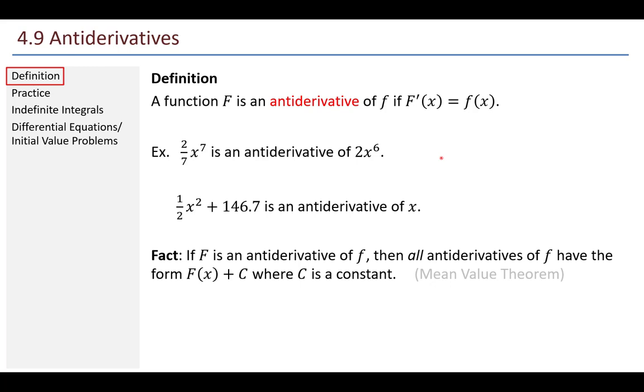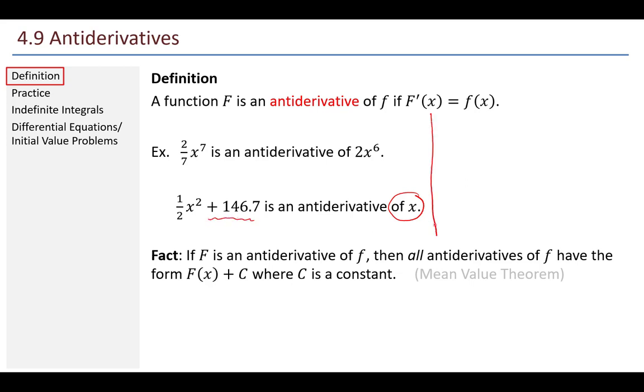Here's a fact. If F is an antiderivative of little f, then all antiderivatives of little f have the form F of x plus c, where c is a constant. So, for example, let's look at these antiderivatives of x. This 1/2 x squared plus 146.7 is a little complicated, right? Because it has that 146.7.